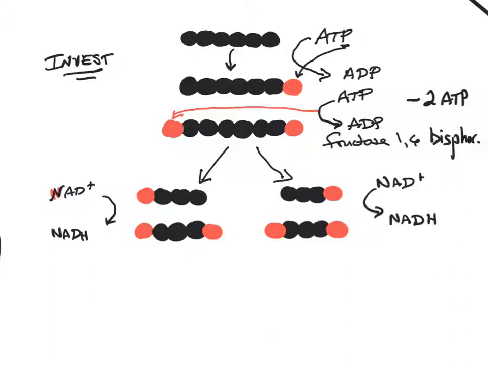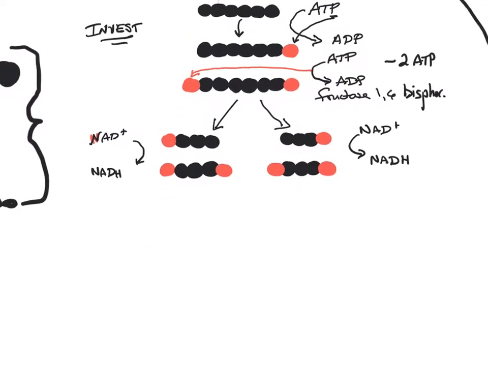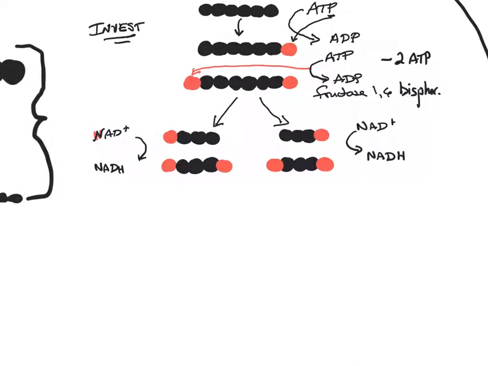The next things that happen are going to lead to the removal of the phosphate groups. And with the removal of the phosphate groups, we actually will convert the bond energies into the bond energy found in ATP. So we're going to remove a phosphate.